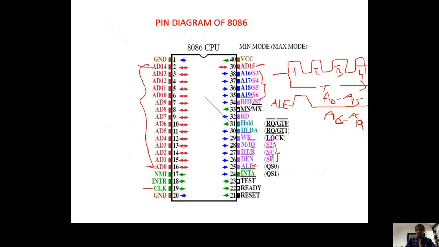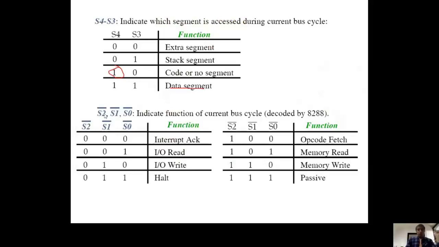Here, if S0 bar, S1 bar, S2 bar are all zeros, the processor performs interrupt acknowledgement. It gives information to external peripheral devices that it is ready to execute the instructions present in the external peripheral. Like that, it sends the interrupt acknowledgement signal.